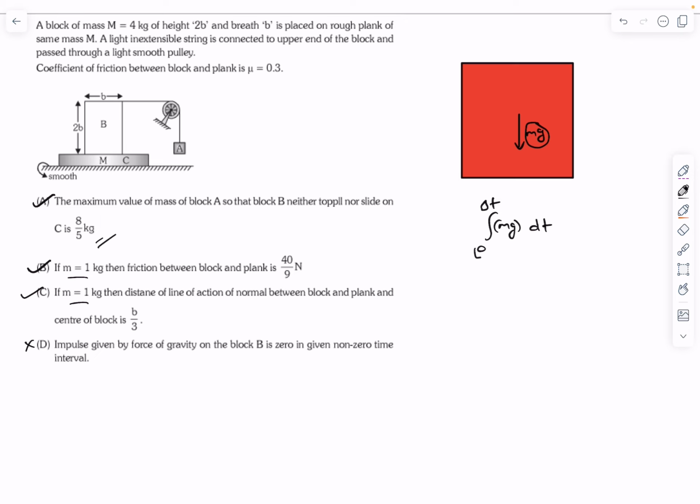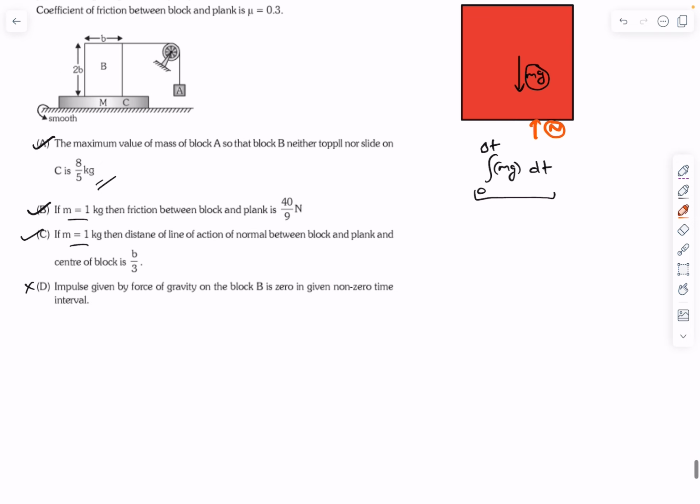Now this integral is obviously non-zero. Yes, it is true that the block's momentum does not change in the y direction, but that's because the normal is also providing an impulse. So both of their impulses cancel out. But to say that the force of gravity has a 0 impulse would be wrong.